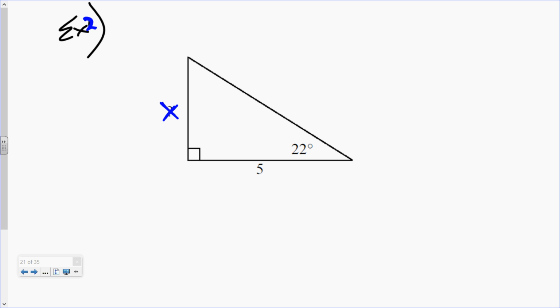The first thing you want to ask yourself is what ratio should you use? Sine, cosine, or tangent? Well, that depends on what cards they dealt you. What is 5 in relation to 22? It's adjacent.